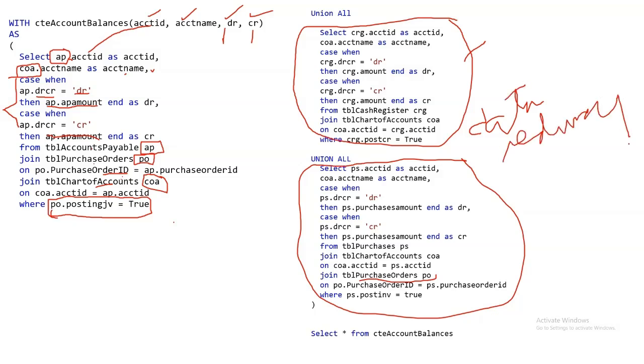Okay, so the question is, if we have the posting index in the purchase order, why did we repeat it? Why do we have the posting columns in all of the tables? And the answer is simple. In this case, we do not need to go to the purchase order just to reflect the payments, right?